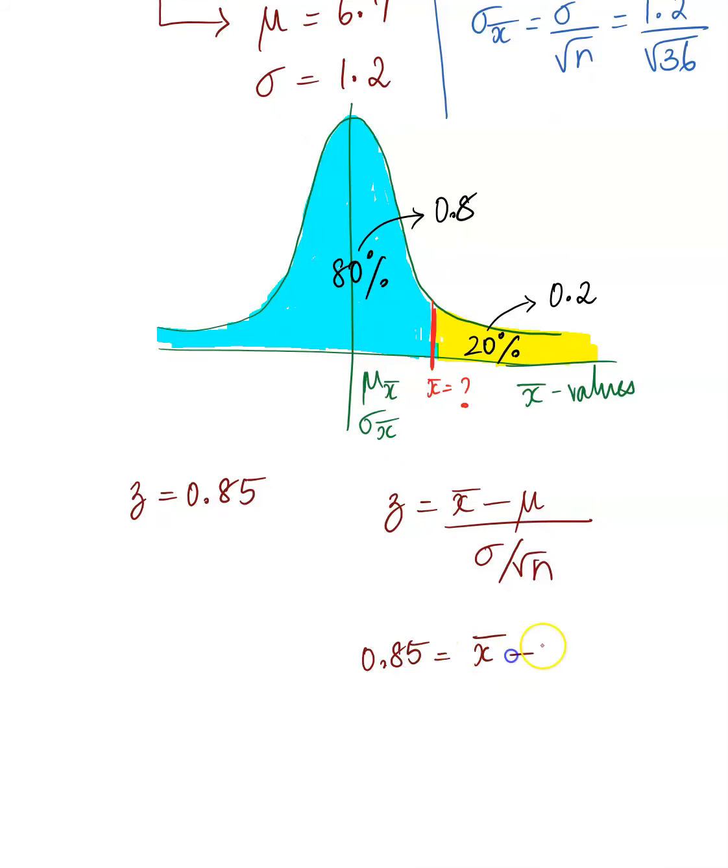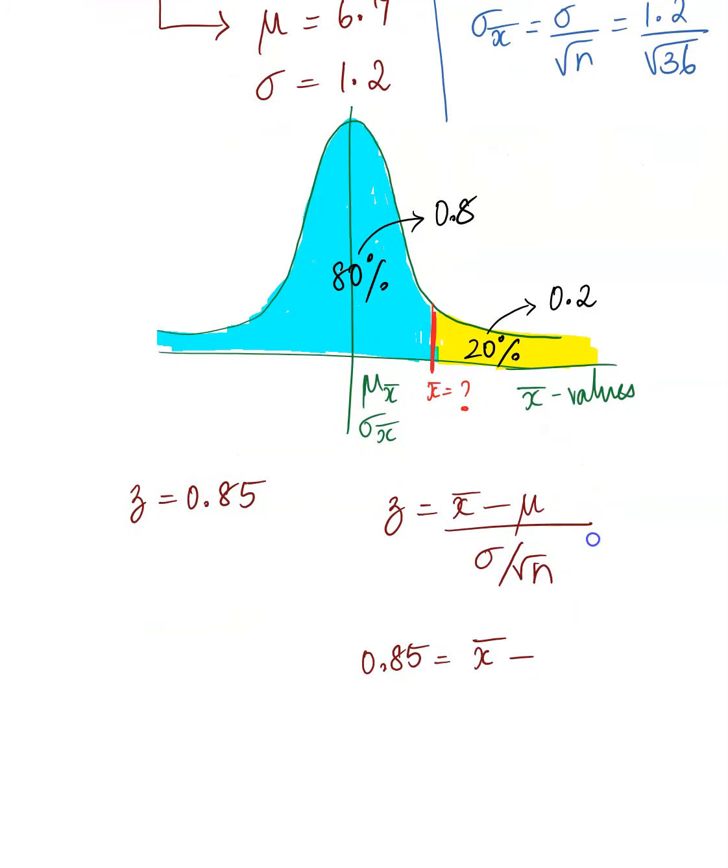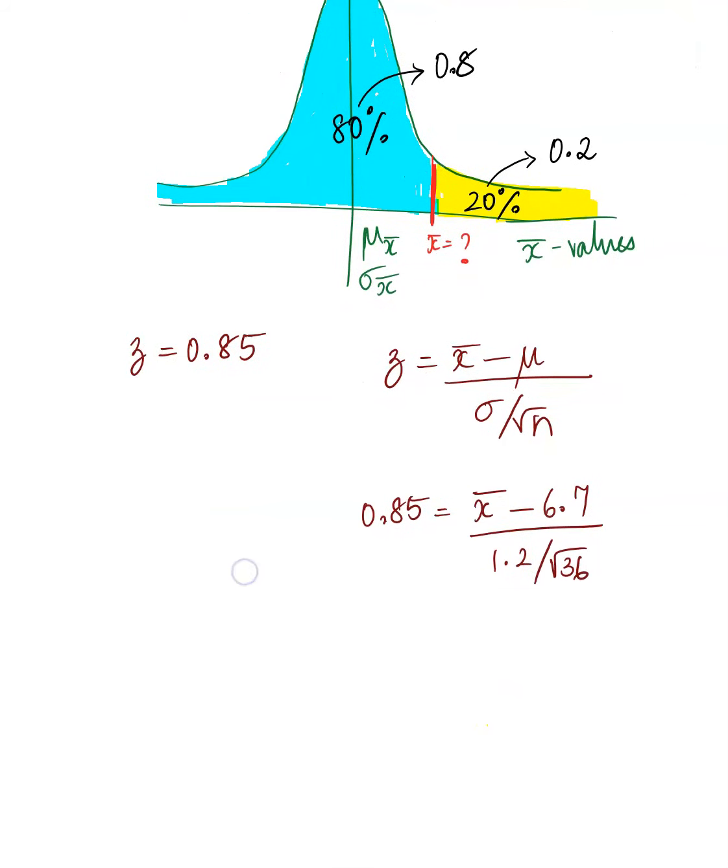X bar is what you're trying to find. Mu would be 6.7, and sigma over root n is 1.2 over root 36. So you have to basically rearrange this. When you rearrange this, you get x bar equals 6.7 plus 0.85 times 1.2 over root 36.